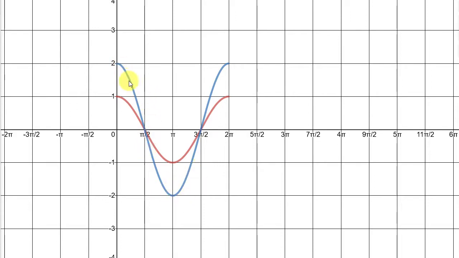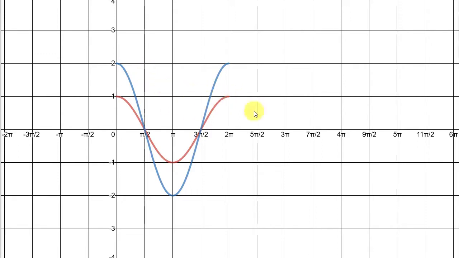Now let's make some observations about the curves. Both the red and the blue curves have the same fundamental shape. We start out at a peak, cross through at the quarter point, hit the bottom peak in the middle, and end at another peak right here. So fundamentally the shape looks exactly the same, but the function in blue has a wave height twice as large as the red curve.